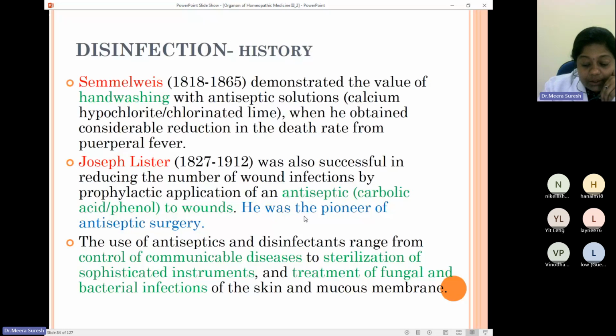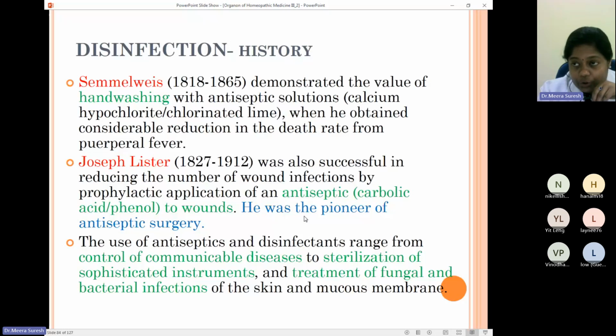And then when he started observing, he noticed that when these doctors were coming to clinic A, usually, because they are doctors, they would be attending surgery or postmortem before that. From early morning or something, they would be doing postmortems or something related to surgical things, and then they directly came to clinic A, and they didn't do hand washing with a disinfectant or an antiseptic solution.